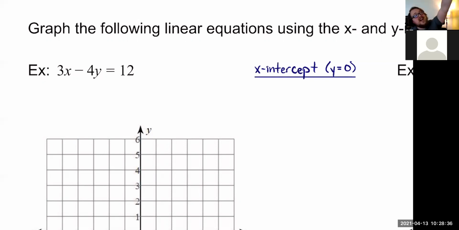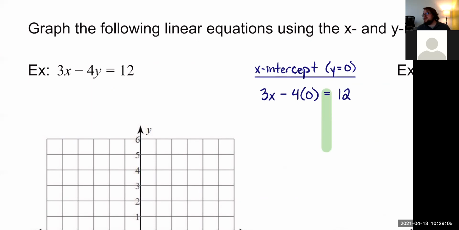So I'm going to take that exact same equation. When I get to y, what am I going to swap it out for? A 0. So that equation will now become 3x minus 4 times 0 equals 12. Now, do you know what I love about that 0?